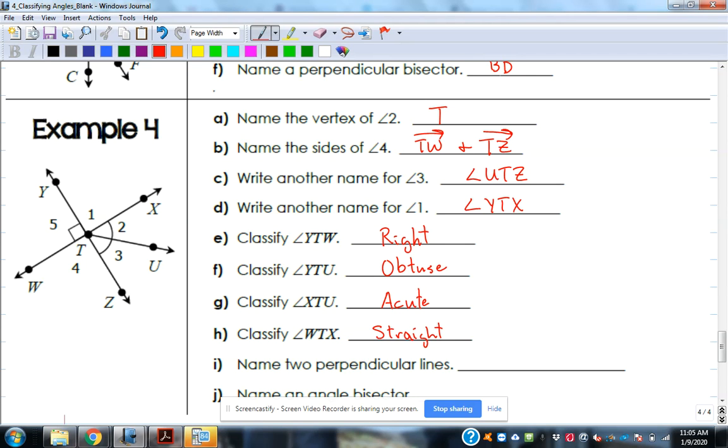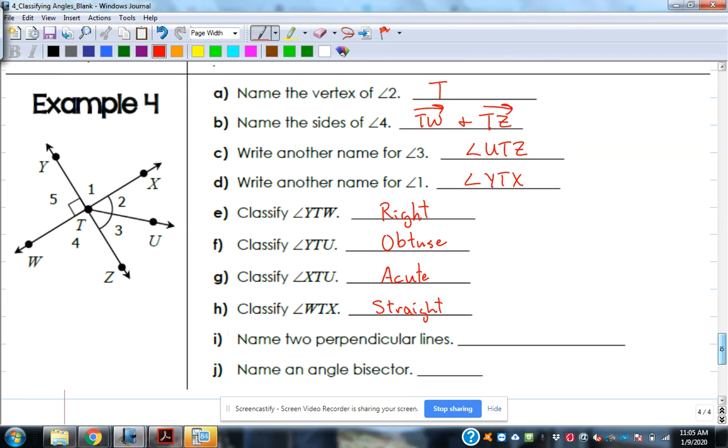All right. Name 2 perpendicular lines. Try again. Two perpendicular lines. Okay, line YZ, with arrows on the ends, is perpendicular to line WX.